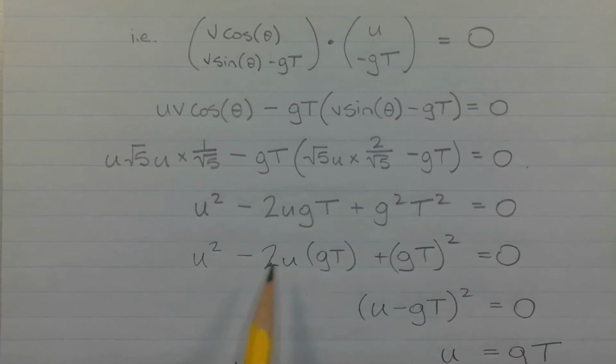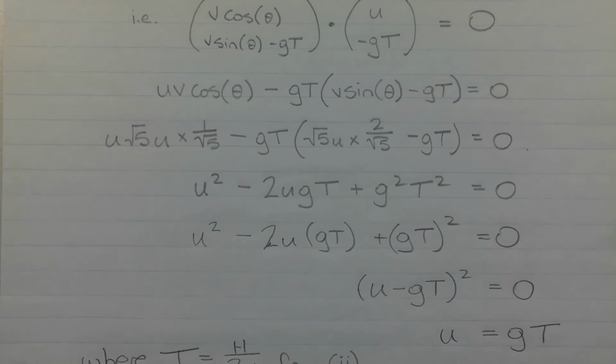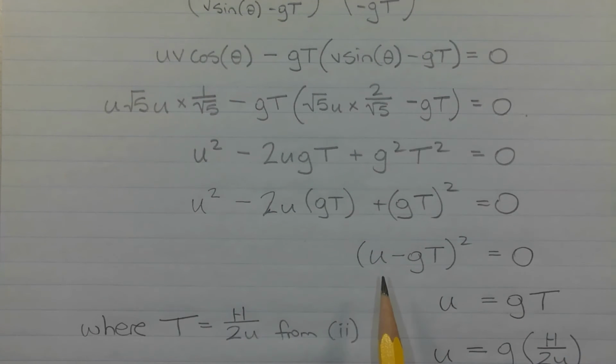And the equation can be rewritten as u squared minus 2u times g times capital T plus g times capital T in brackets all squared is equal to 0. Now we have a perfect square on the left-hand side. So u minus g times capital T in brackets squared is equal to 0. Hence u is equal to g times capital T.